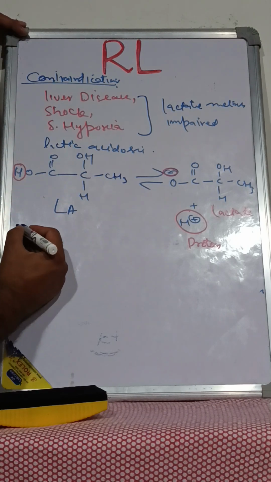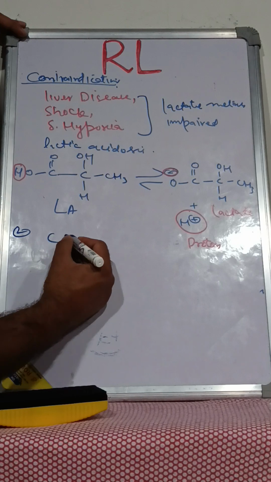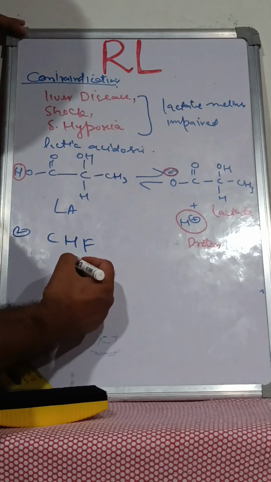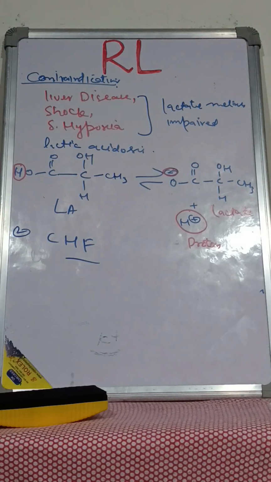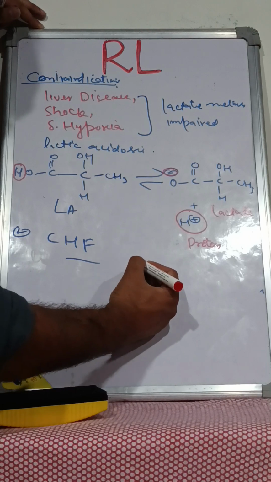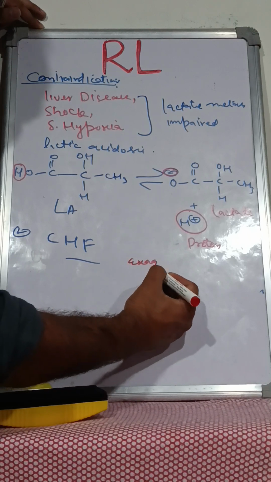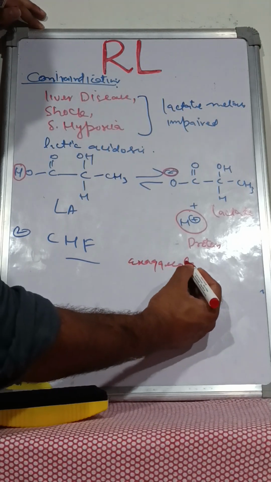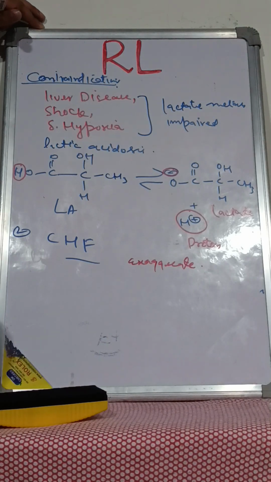Second, in congestive heart failure, lactic acidosis takes place, which is more in the heart tissue. Lactate given cannot be utilized, so it will exaggerate the problem in case of congestive heart failure.